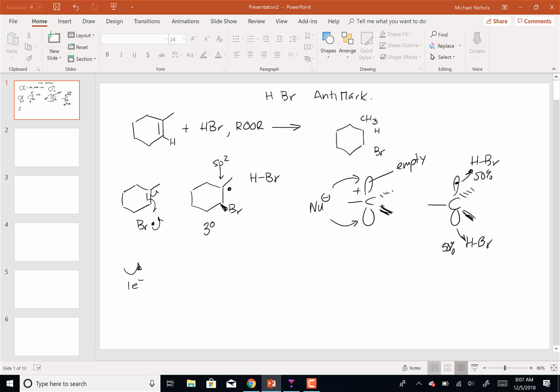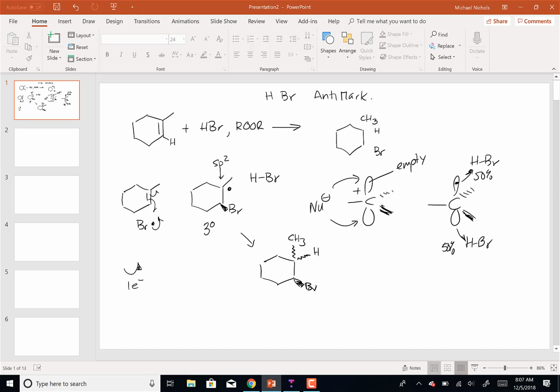So what's going to happen then is that in my final product, I'm going to use the squiggly line that the book uses to indicate that it's a 50-50 mixture of bold and dashed wedges.